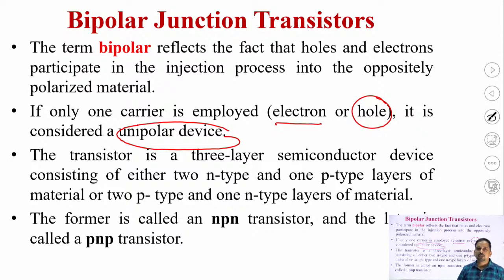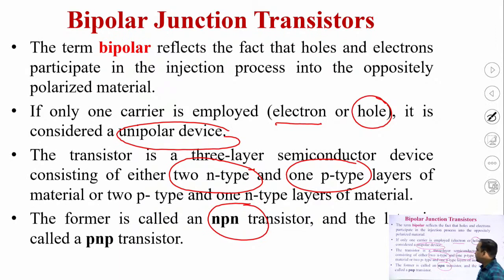A transistor is basically constructed with the help of three different semiconductor regions. If one P-type semiconductor is sandwiched between two N-type semiconductors, it results in the formation of an NPN transistor. And if one N-type semiconductor is sandwiched between two P-type semiconductors, it is known as a PNP type transistor. So we basically have two types of transistors, NPN and PNP.